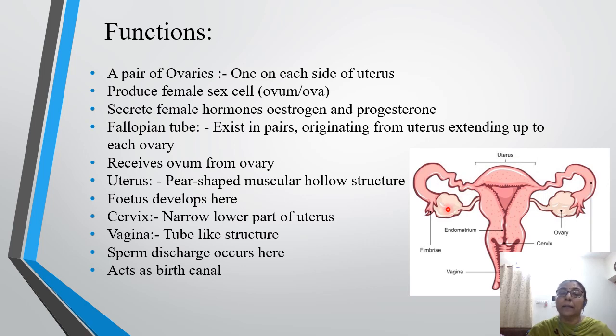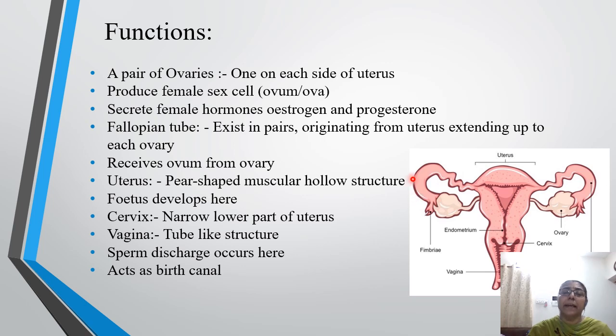The major function of the ovaries is the formation of the female sex cells, the egg or ovum or ova, and also to secrete the female hormones like estrogen and progesterone.